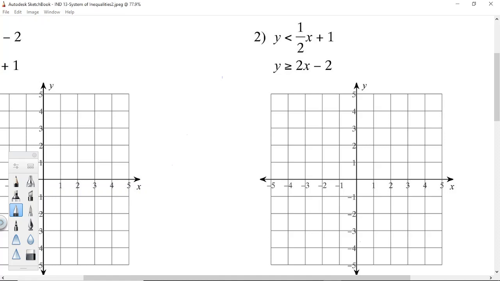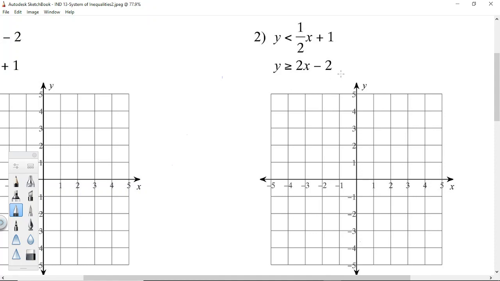Oh wait, sorry, number 2, both of these are. We don't need to put these in slope-intercept form. They already are. So we just graph them.